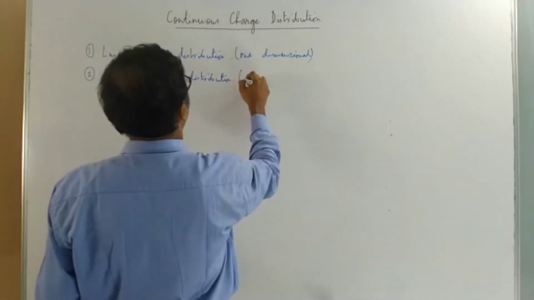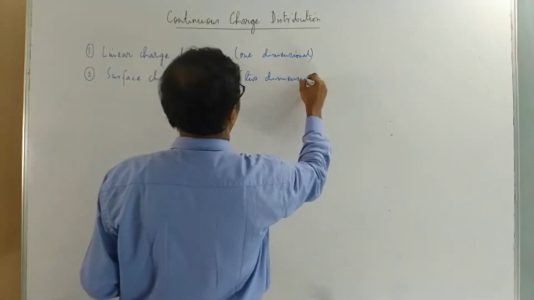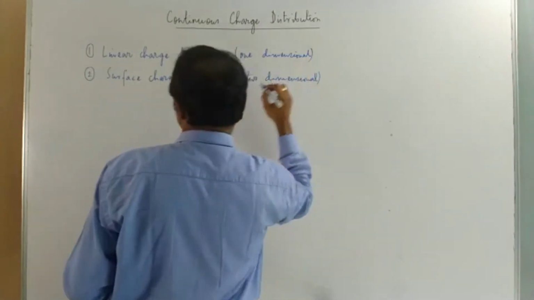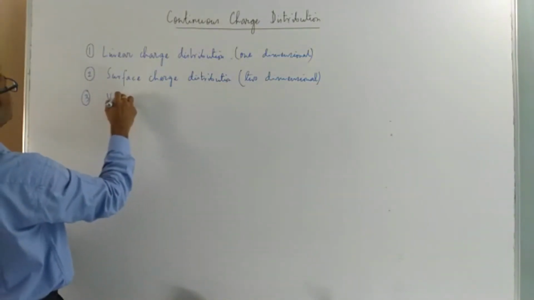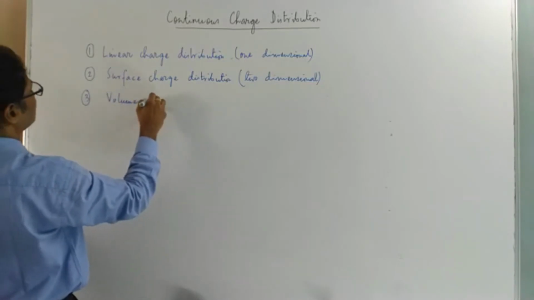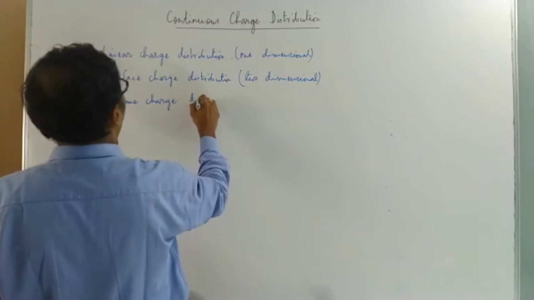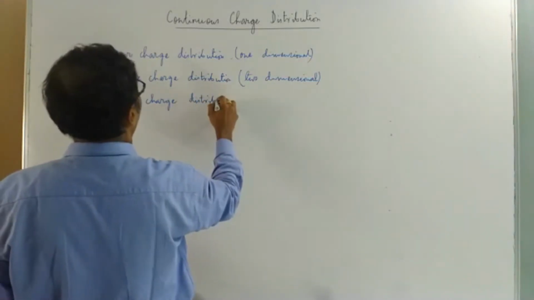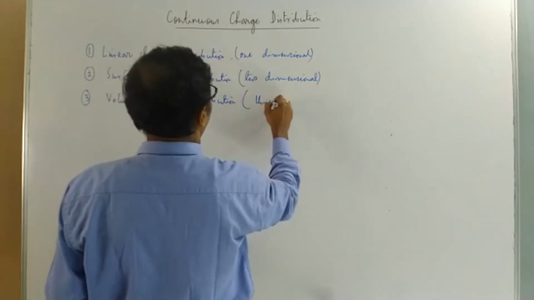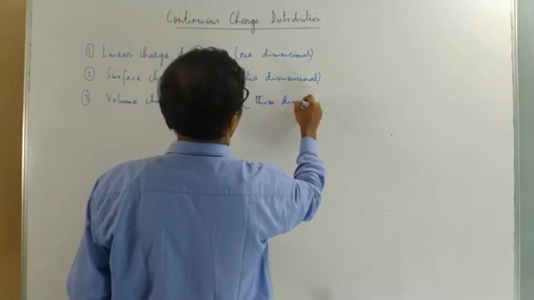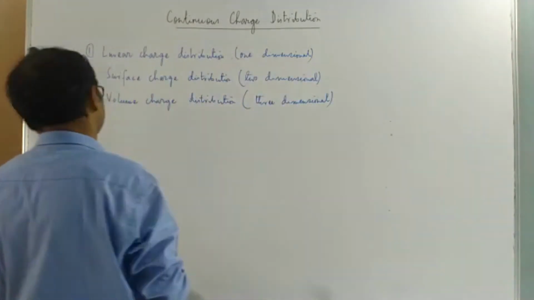That is actually two-dimensional charge distribution. And you can also have volume charge distribution. That means three-dimensional charge distribution.